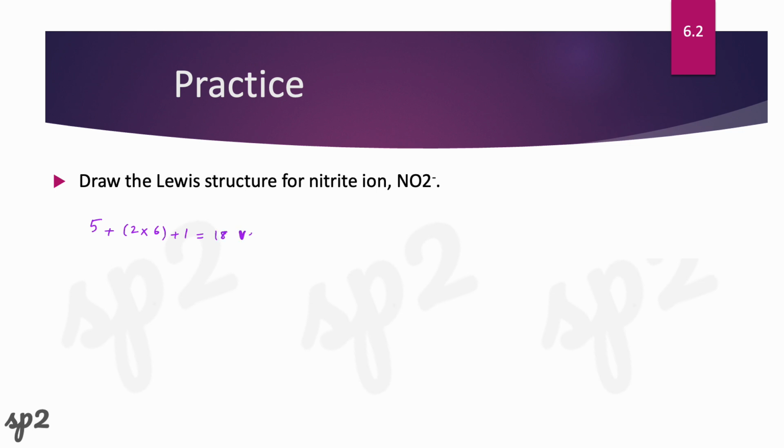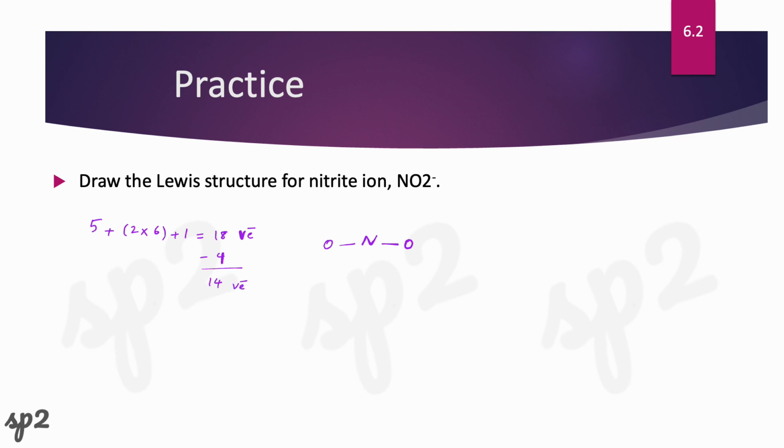18 valence electrons. Then I'm going to go ahead and place nitrogen in the center because it has less electronegativity than oxygen. And I'm going to have my oxygen on either sides, something like this. I have made 2 bonds, so I need to go -4, right? And that means at the moment I still have 14 valence electrons.